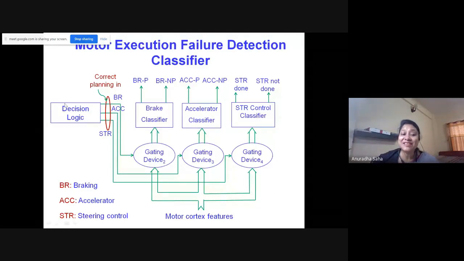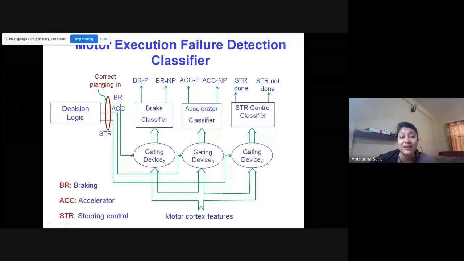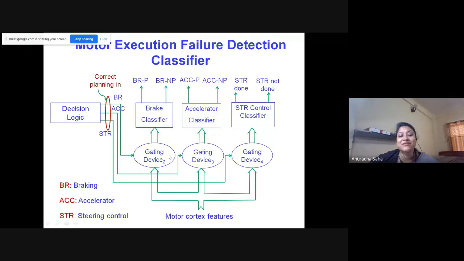Yes, sir. So basically, based on this decision logic, whether we have detected that there is correct planning in braking, correct planning in acceleration, or correct planning in steering control, that correct planning has been made by the driver. Now there is this gating device. If this gate is activated, we can feed these signals to the brake classifier, along with the motor cortex signals during the motor execution by the driver.